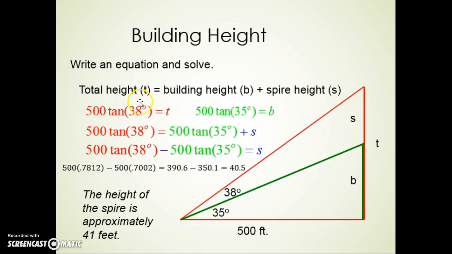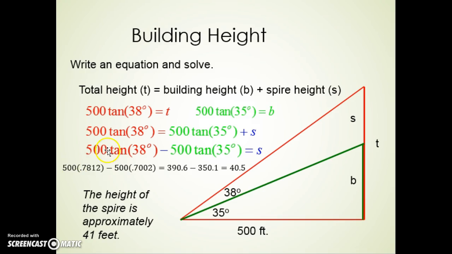And finally, we're going to go back to what we said a while ago. We know that the total must equal the building, the green triangle height, plus the spire, right? The difference between the total and the building. So we're going to find values for that, and we're going to solve for S. If total equals building plus spire, then spire equals total minus building.